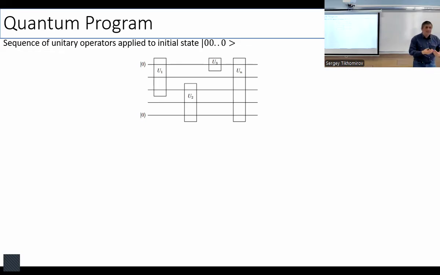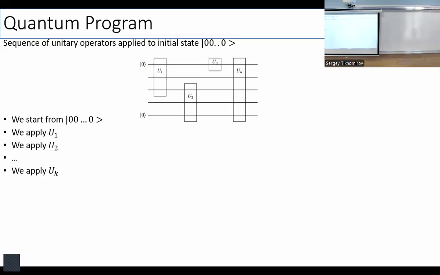It means that the operation is applied to only a finite number of qubits, not to all of them. This means that on all others, it is identity. Later I will show how to formally, mathematically write this, how to calculate this if you do not apply it on all of them.